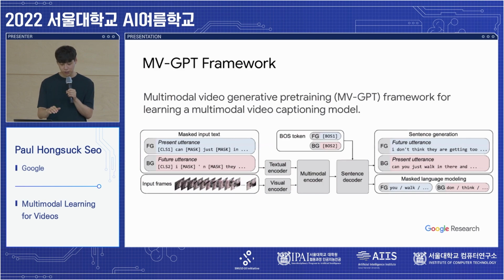As I said, forward generation takes the present utterance and generates the future utterance, while in backward generation we put the future utterance as the input and generate the present utterance. In this way, forward generation enforces the multimodal encoder to properly fuse the multimodal inputs, and in backward generation, the sentence decoder is enforced to generate sentences more grounded to the visual input frames.